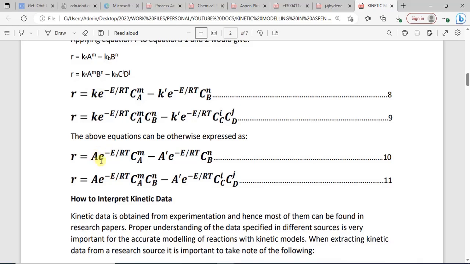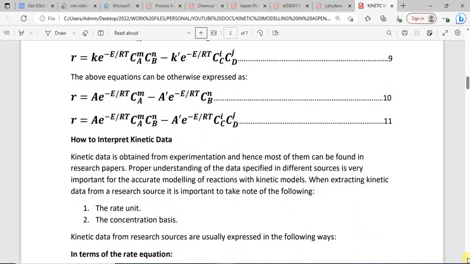That is why I decided to bring up these two together, so in case you see your rate equation like this or like this, you will not get confused. Basically it can either be like this or like this, depending.